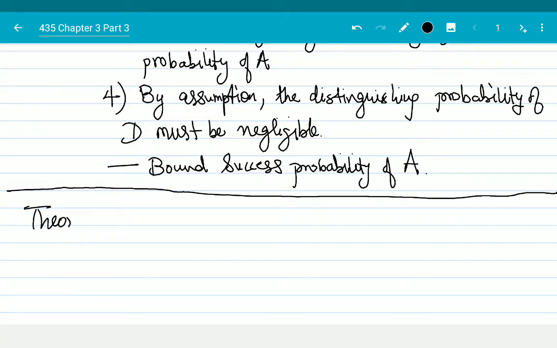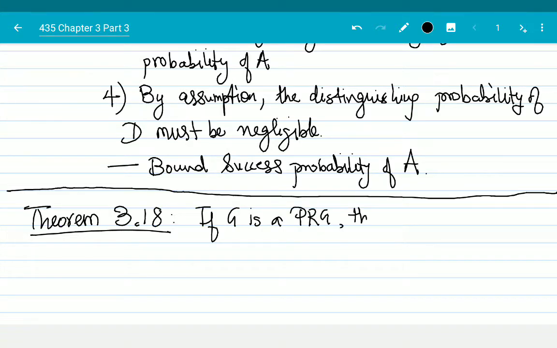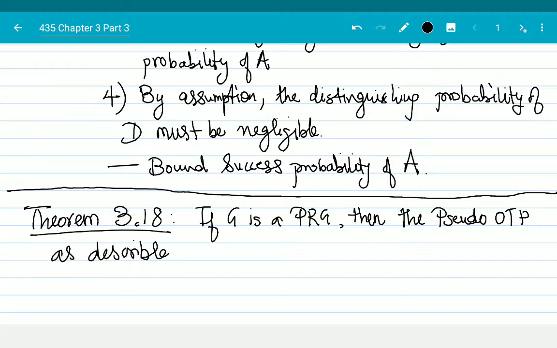Theorem 3.18: If G is a pseudorandom generator, then the pseudo OTP, as described before, is a fixed-length private key encryption which is EAV secure.